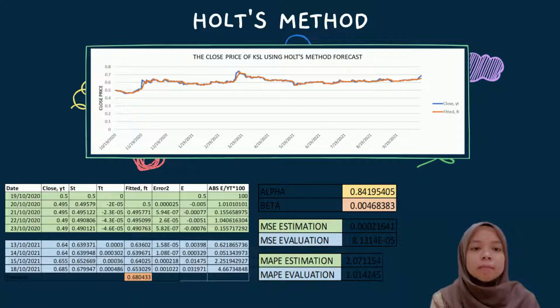Holt's method is called Holt's two-parameter method, which involves alpha and beta. Excel will be used to find the best values of alpha and beta. We substitute K9 into alpha in St and K10 into beta in Tt. In the end, the forecast value that we obtain is 0.680433. So, in order to get the minimum value of MSE evaluation, the best alpha and beta values are 0.84195405 and 0.00468383 respectively, which satisfies the condition that alpha and beta range from 0 to 1.